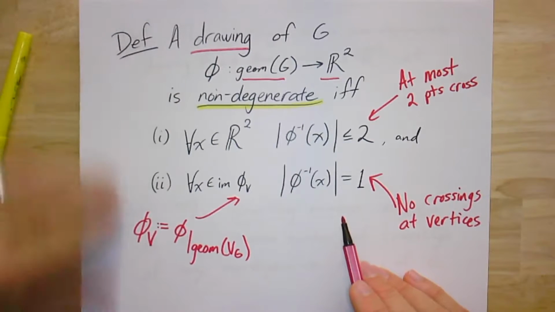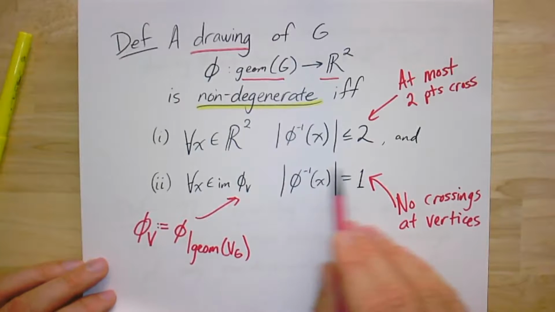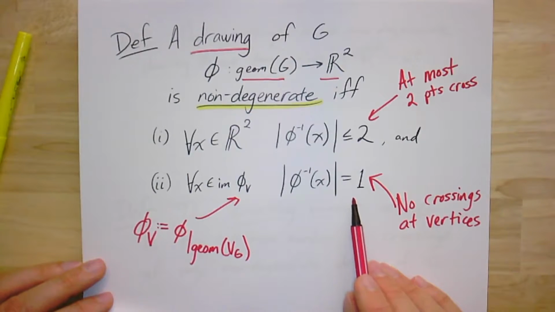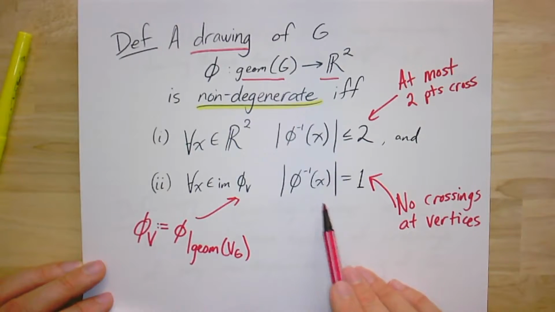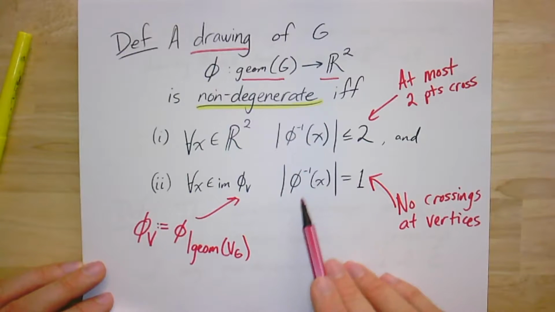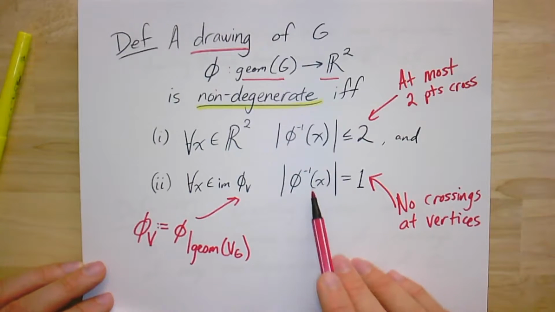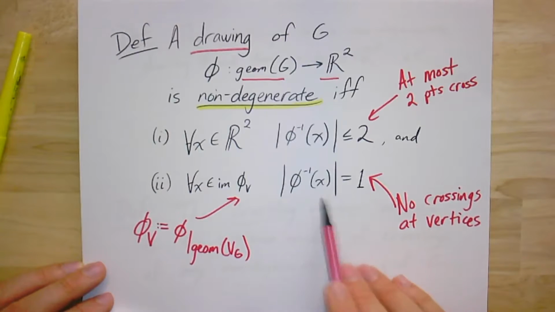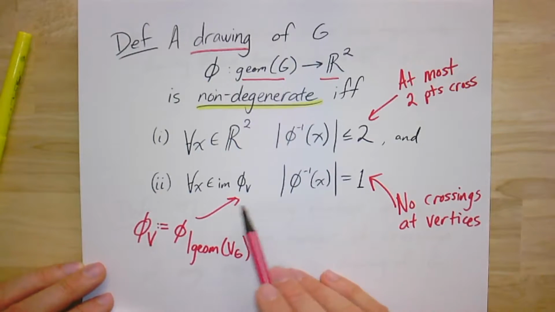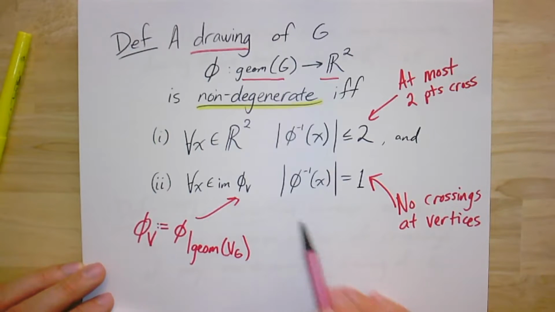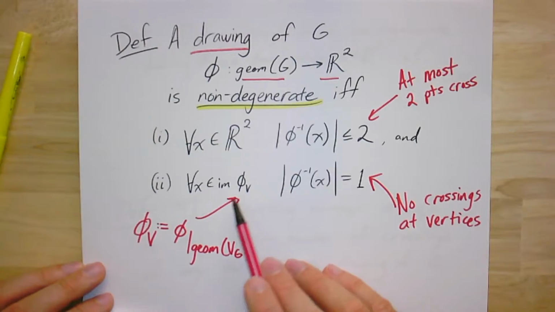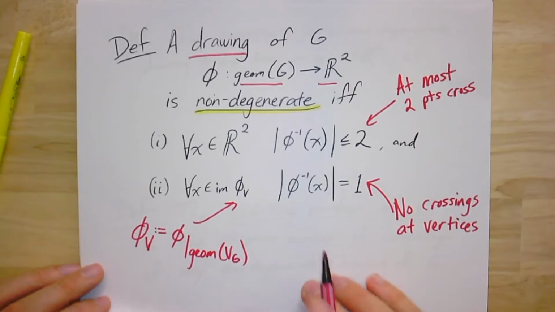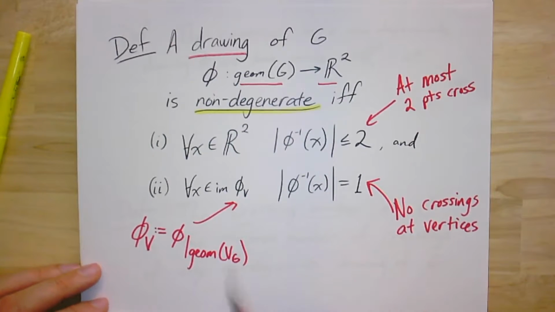So you might also notice that this looks a little bit like an equivalent definition to being injective. That is, injective functions have this property that the preimage only has 1 point, but if we just required 5e to be injective, we would only get the rule that no 2 vertices land at 1 point, but this gives us also that no vertex lands on an edge.